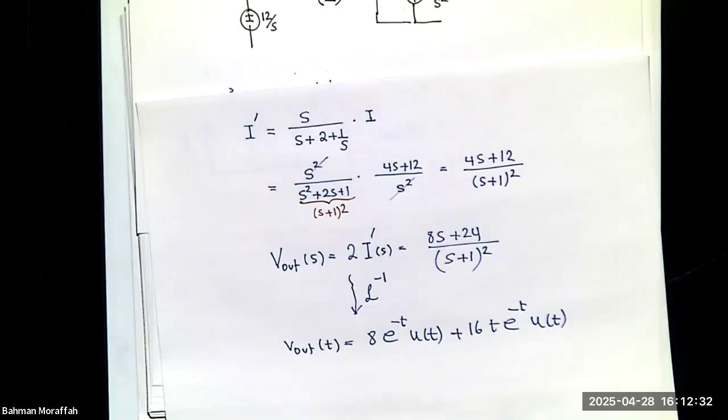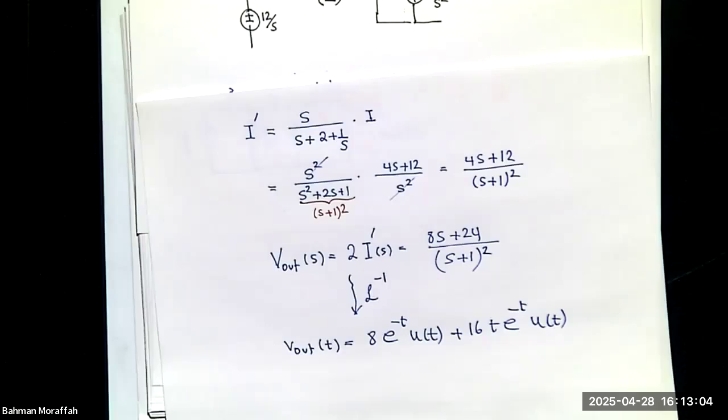What's very, very important is that if I have a capacitor or an inductor, if I go from time domain to the S domain, it is not just the value of the L or C multiplied by S or 1 over SC. It is always followed by a voltage source, and the value of the voltage source depends on the initial condition of the inductor or the capacitor.